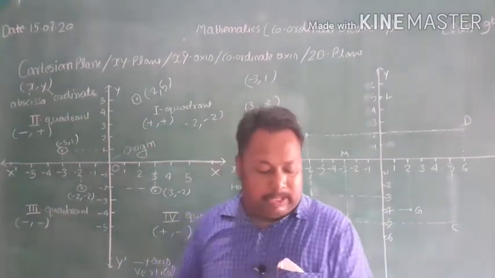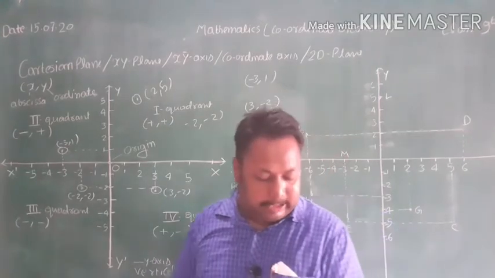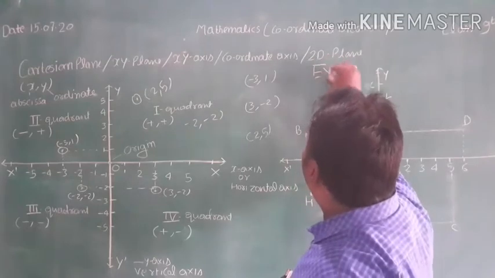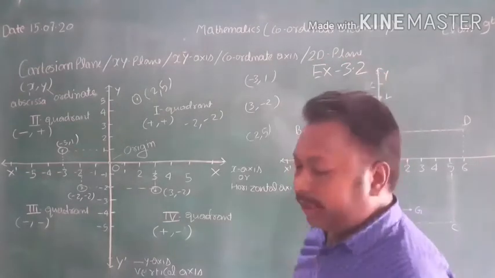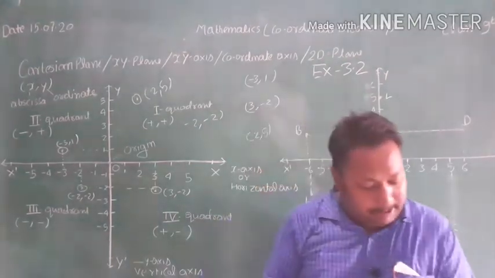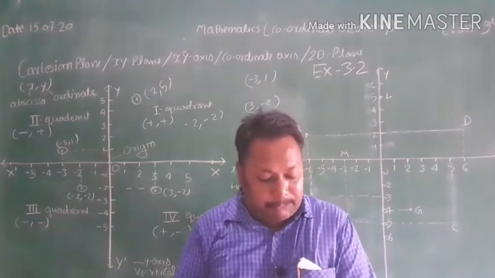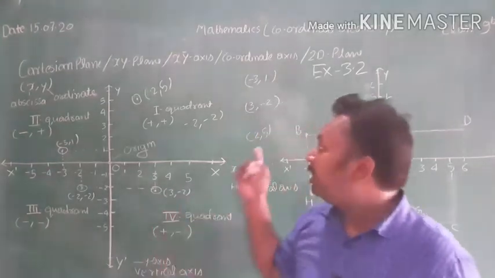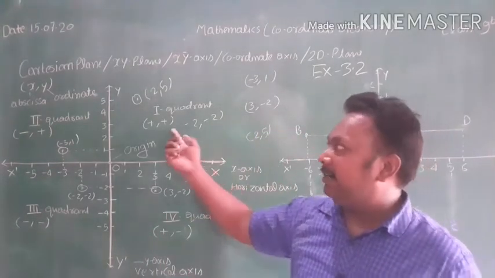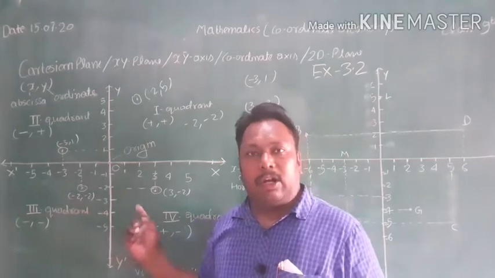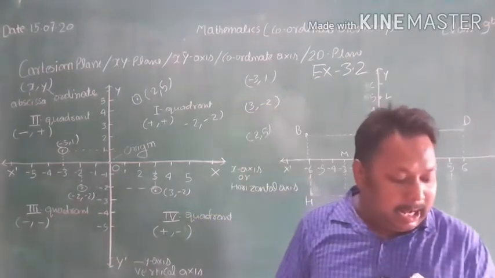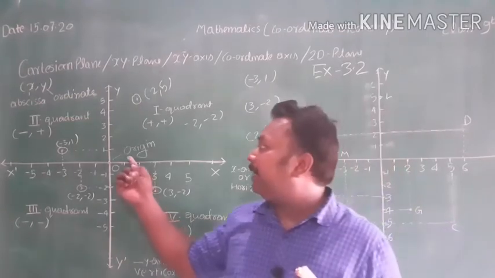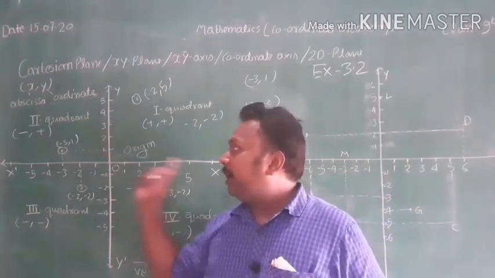So write down x-axis, y-axis. Second question: What is the name of each part of the plane formed by these two lines? Each part is called a quadrant. Write the name of the point where these two lines intersect. That is the origin, where the two lines intersect.